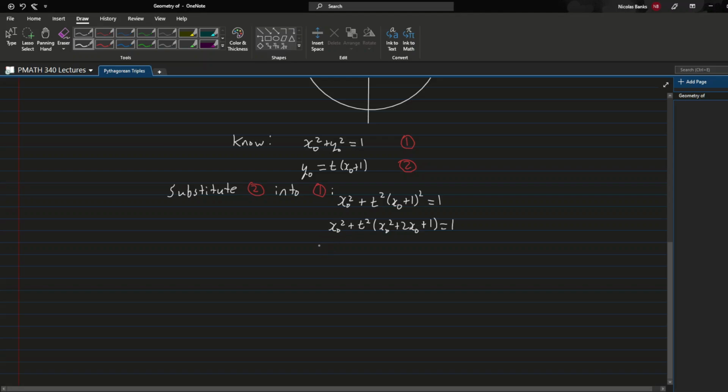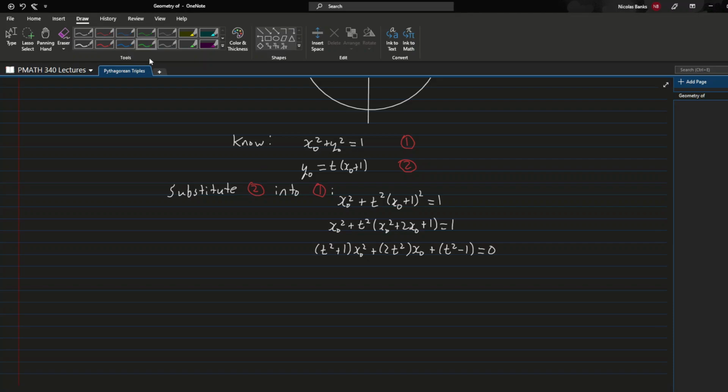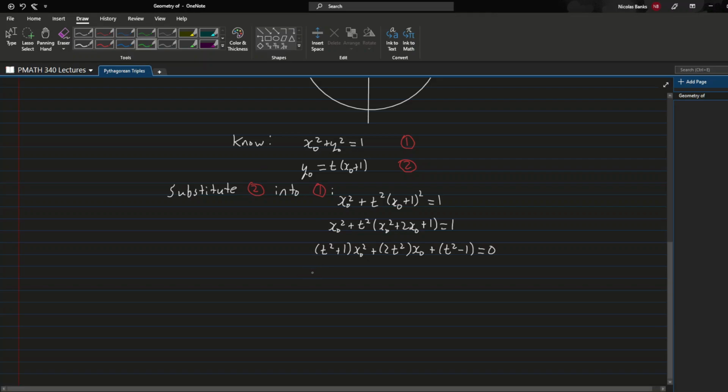So all the x0 squared terms we collect, and we get (t squared plus 1) times x0 squared. All the x0 terms, we get 2t squared times x0. And the remaining terms, we get t squared minus 1 equals 0. In other words, we have a quadratic in the variable x0.